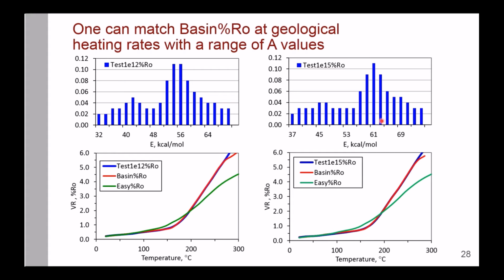It takes about 30 seconds to adjust the parameters to get a fit here. So the point here is that there's really no way that geologic data alone can tell you what the frequency factor is within a factor of 100. It is really the comparison between laboratory and geologic data that can constrain this frequency factor.